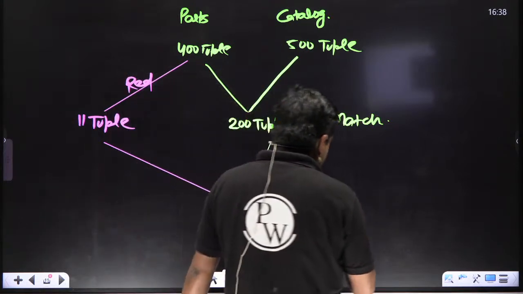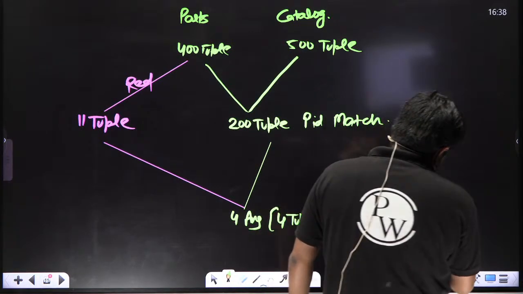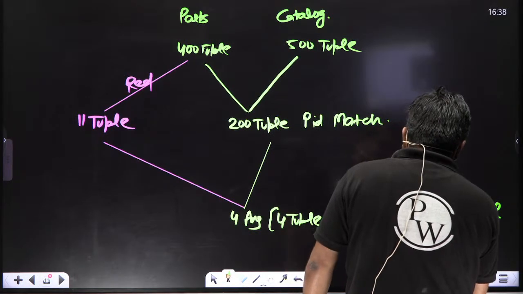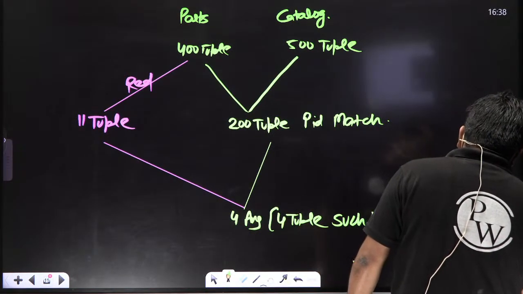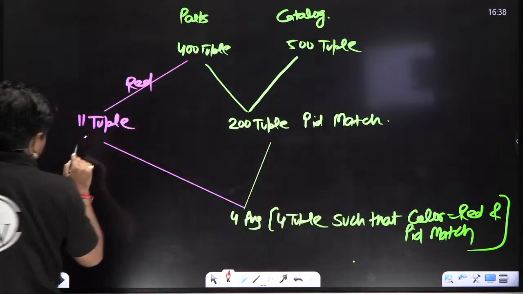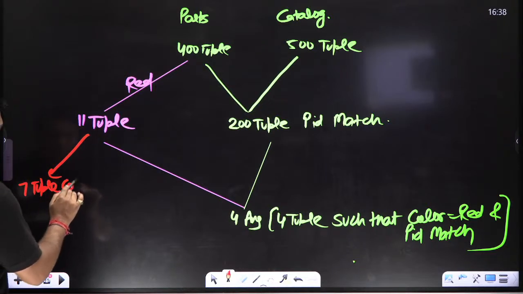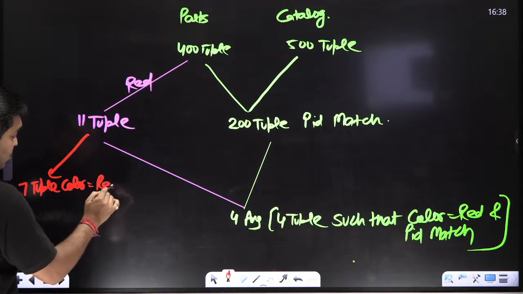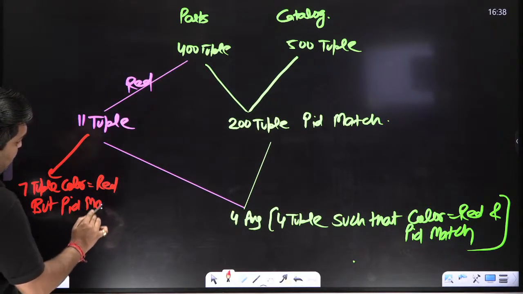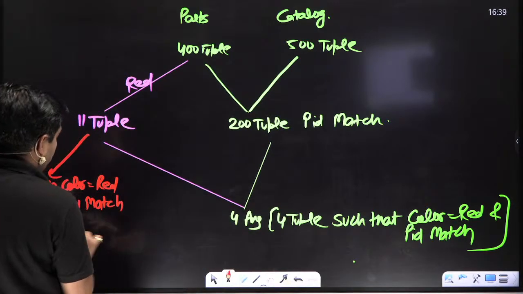4 tuples in which color is red and PID matches. So it means there are 7 tuples in which color is red but PID does not match, that is, not in these 200 common tuples.